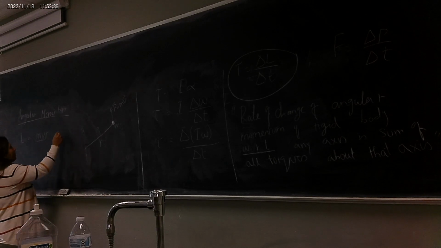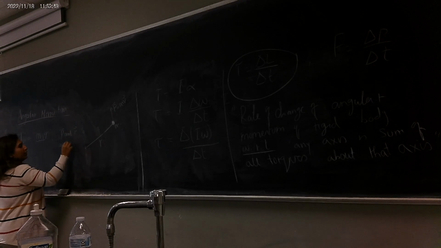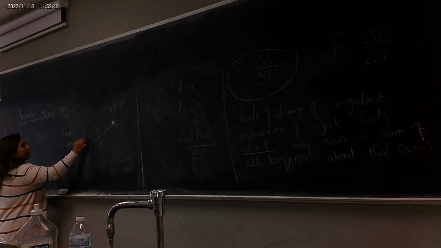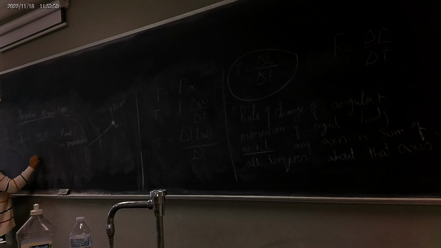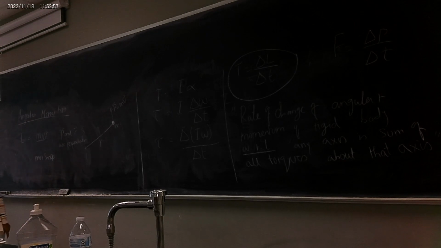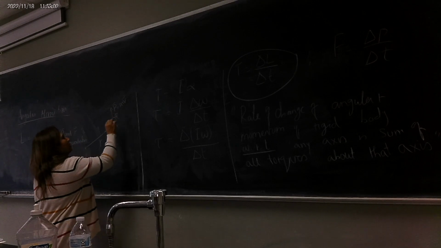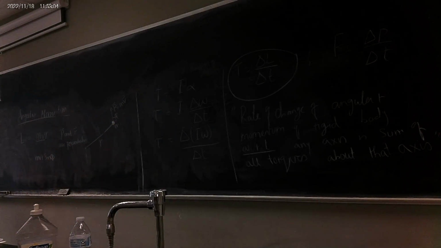This is in the case when p and r are perpendicular to each other. Otherwise, it would be equal to mvr sine of phi. Generally, if p is making an angle phi, if it's not 90 degrees, then this would be the general formula.